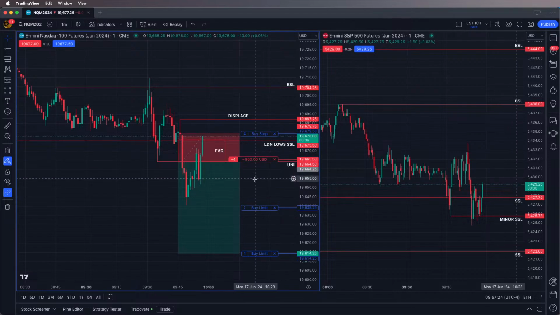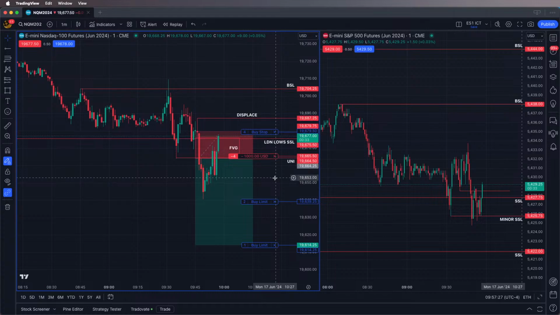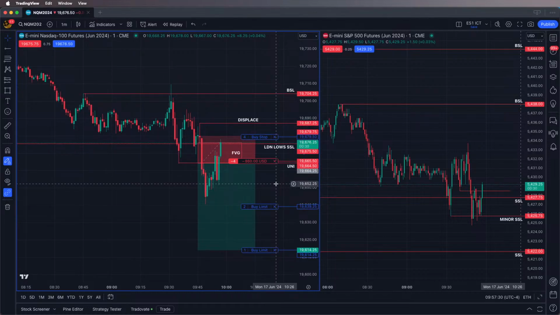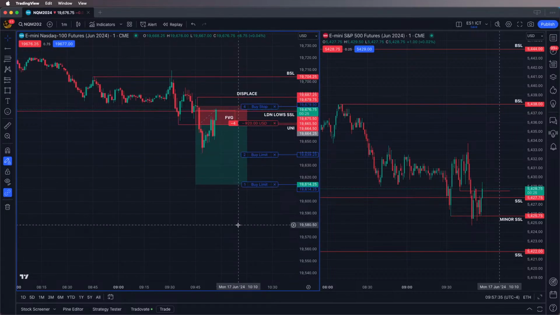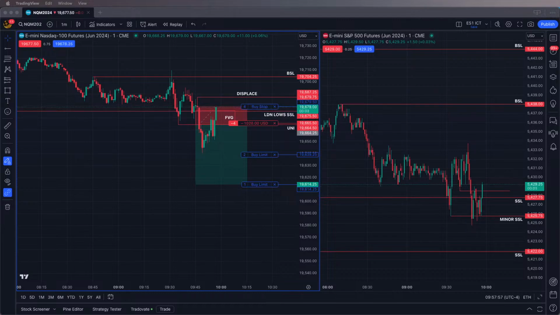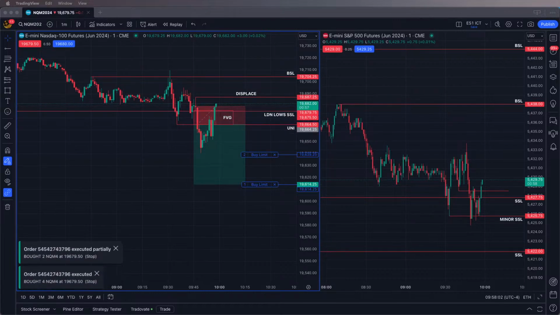So risking around 15 handles on this trade. Order filled.